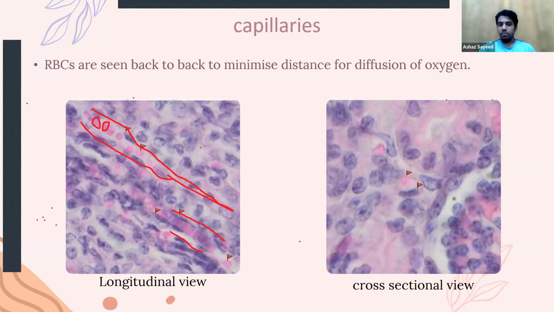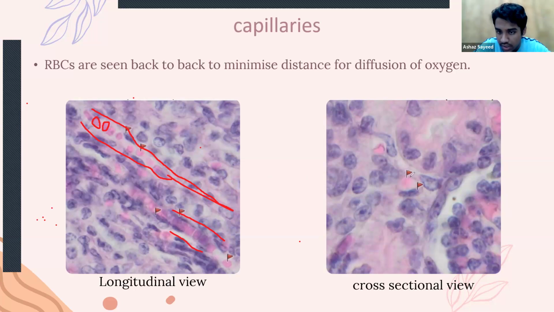And the other thing is that they line up back to back. First of all, they don't have space to be standing side to side, so they are back and front. The second thing, this minimizes distance for the diffusion of oxygen. So if you see a slide in the longitudinal view and you see RBCs back to back standing in a queue, that's going to be a capillary.